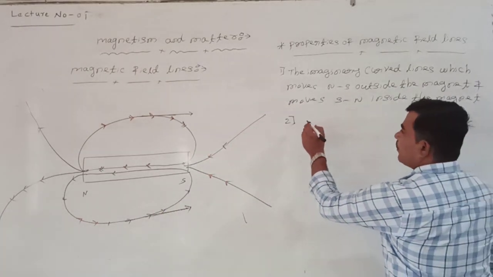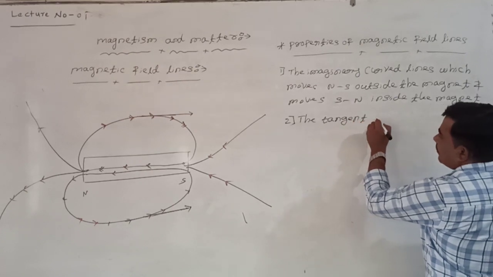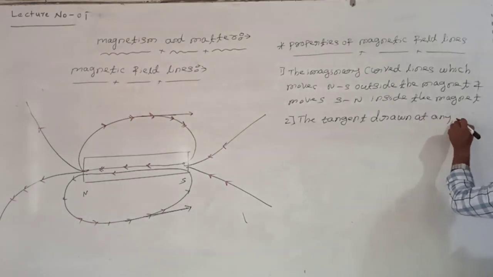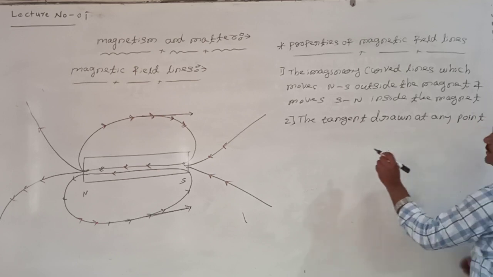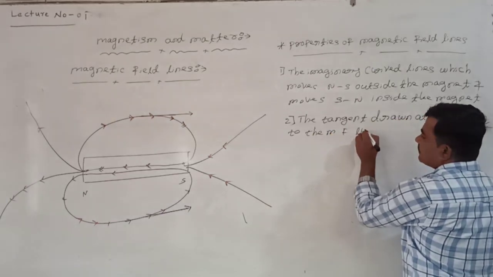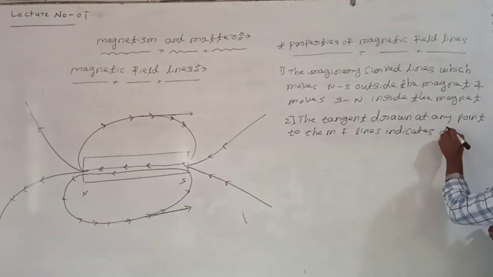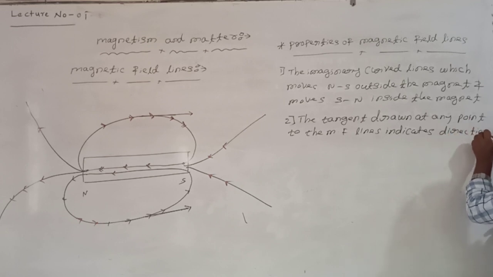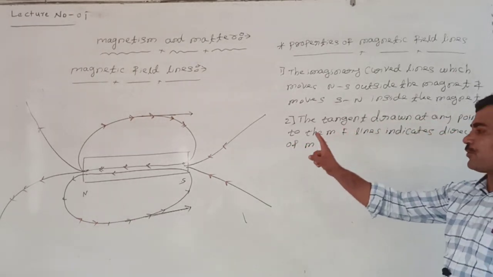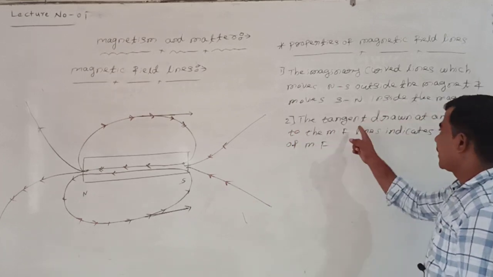See here, the second property: the tangent drawn at any point to the magnetic field lines indicates the direction of the magnetic field.